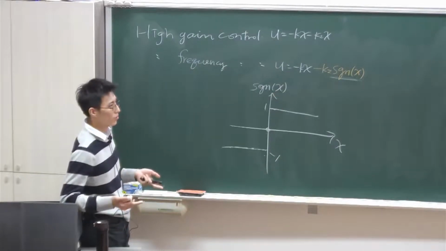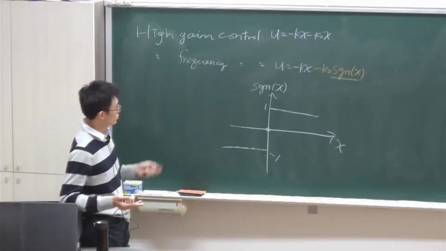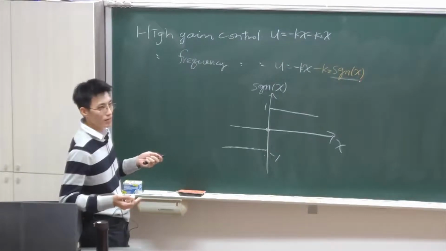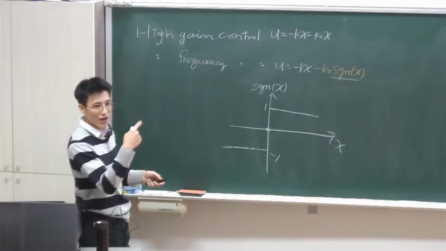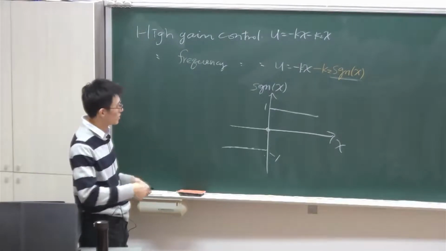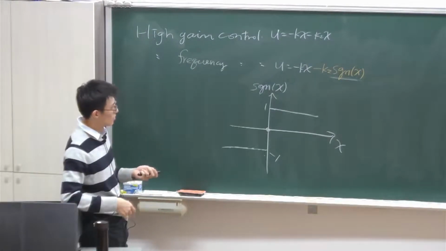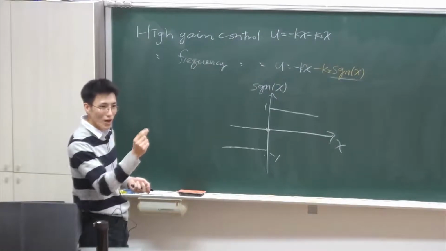If your system is a motor and your control input is voltage, when you switch back and forth at very high frequency, the voltage input to the motor will basically just oscillate around a very small amplitude.